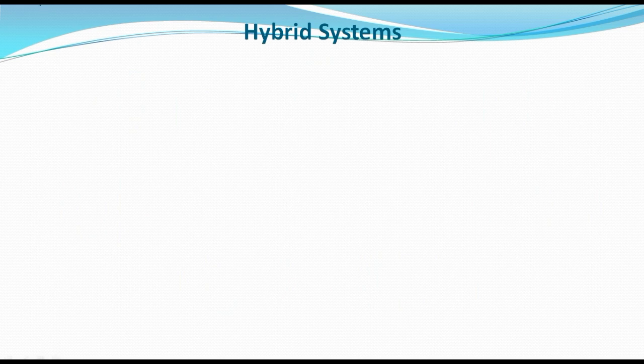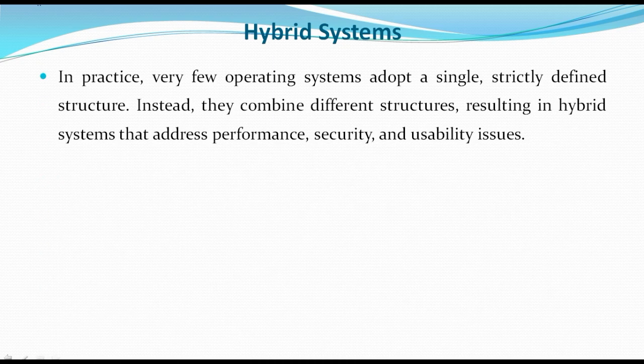Apart from modules, we have hybrid systems. In the hybrid system, very few operating systems adopt a single, strictly defined structure. Instead, they combine different structures, resulting in hybrid systems that address performance, security and usability issues.